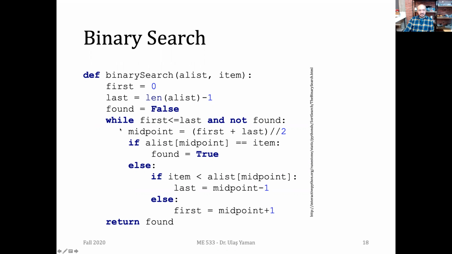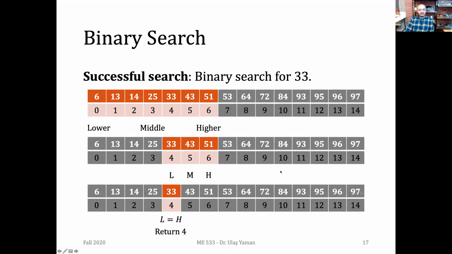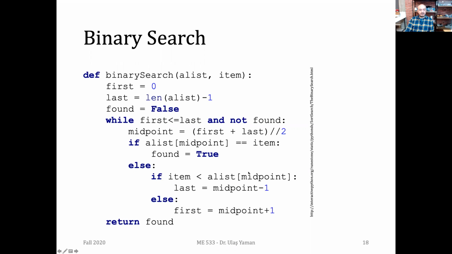What we do here is similar to what we mentioned in the previous slide. It's dividing the region into half and then checking the number. Let's have a look at it. First, if the value of the lower index is lower than or equal to the last, and if the number is still not found, we continue these operations.